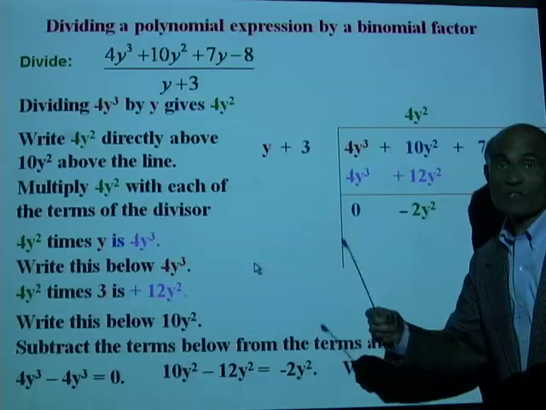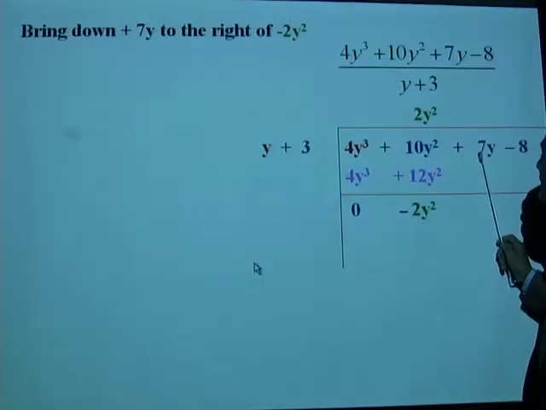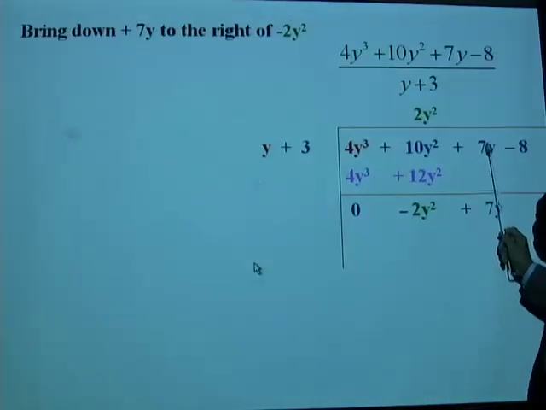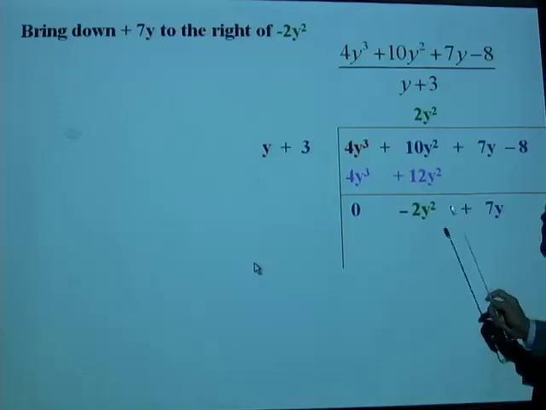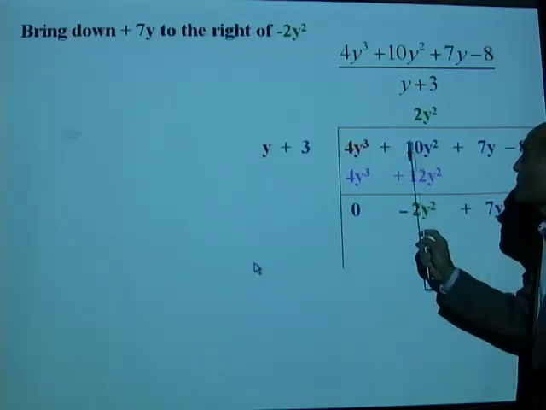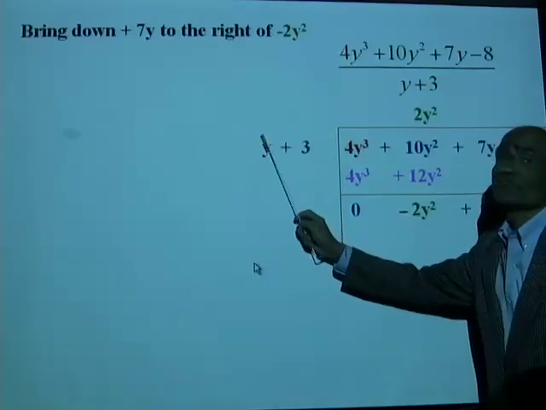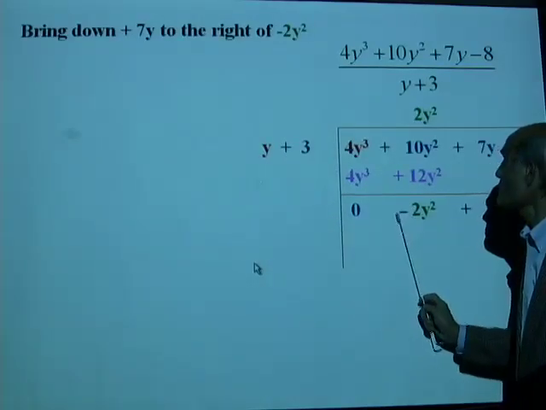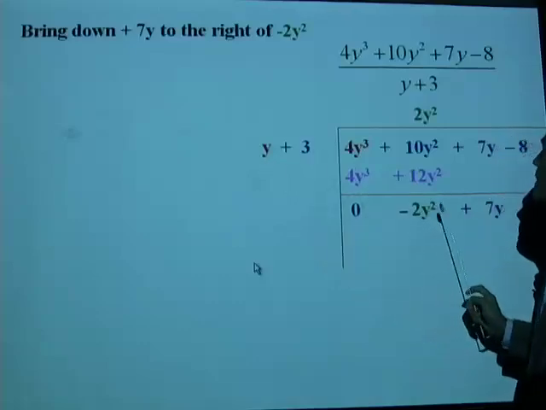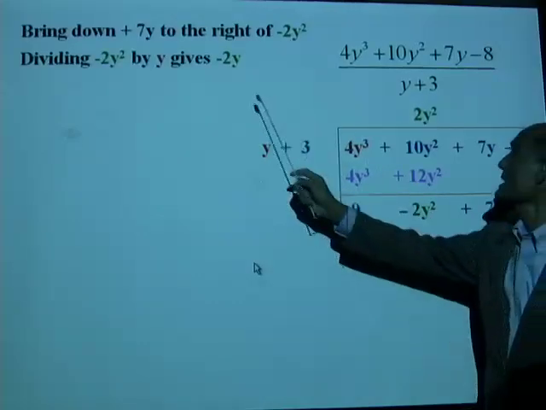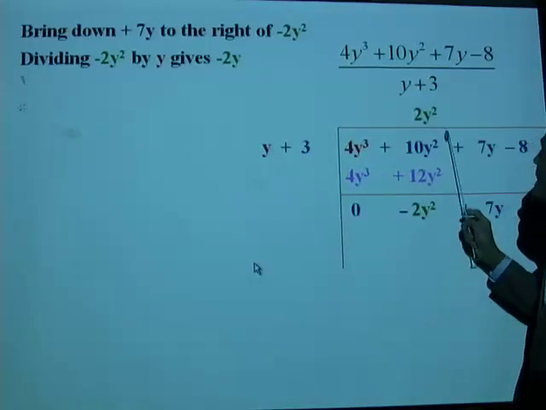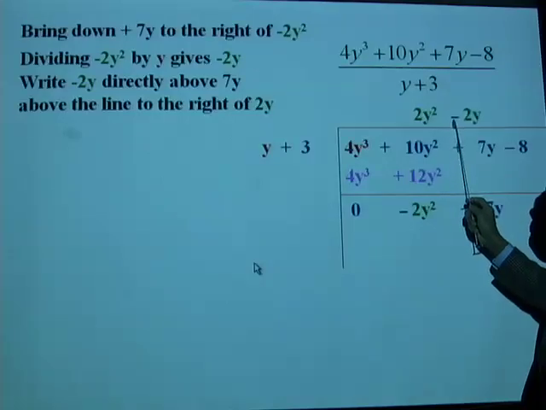Just like you divide normal numbers, now bring down the plus 7y. And we continue what we were doing here. Negative 2y squared divided by y. What is negative 2y squared divided by y? That will be negative 2y. Now write negative 2y over here.